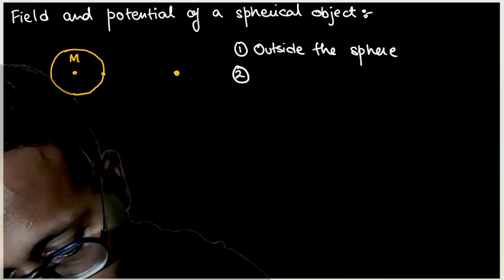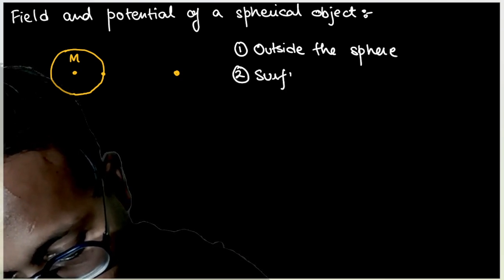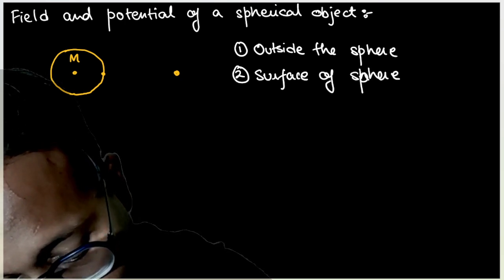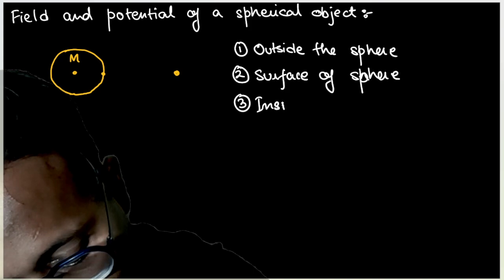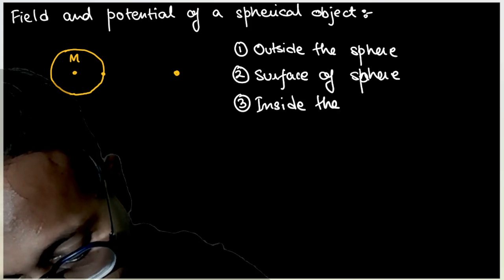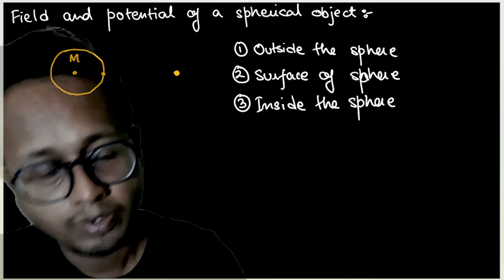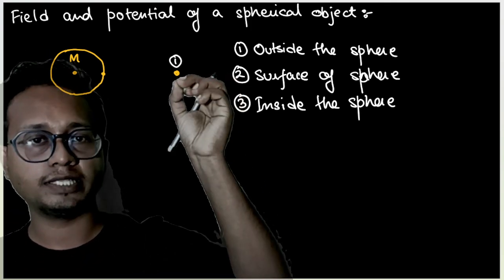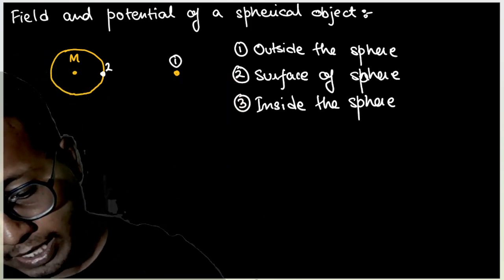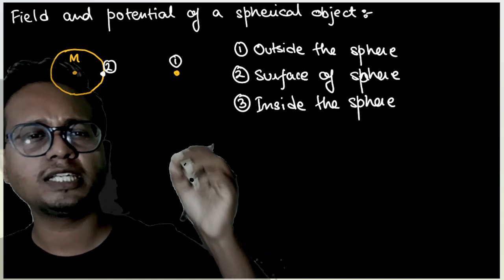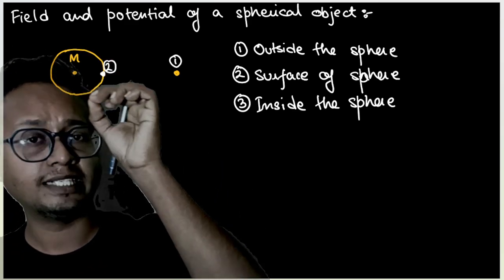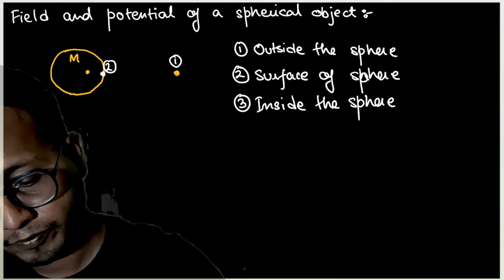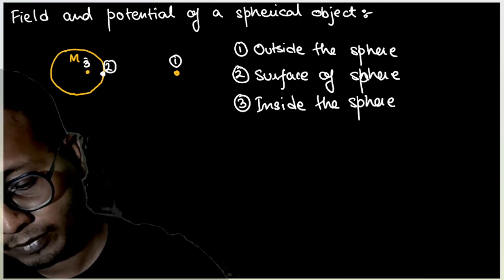Point 2 is the surface of the sphere. And point 3 is inside the sphere. So this is point 1: field and potential outside the sphere. Field and potential at the surface of the sphere. Field and potential somewhere inside the sphere. It doesn't necessarily have to be at the center. This point can be anywhere inside the sphere. This is point 3.